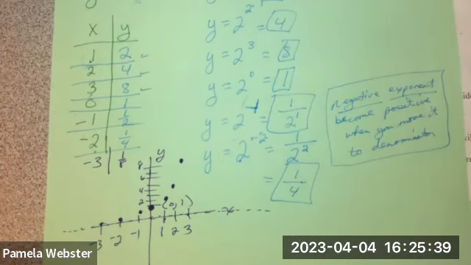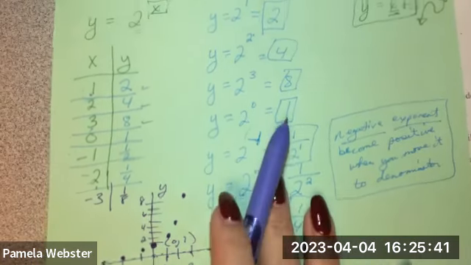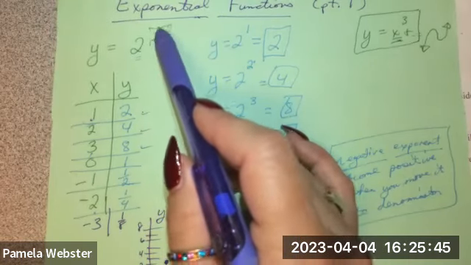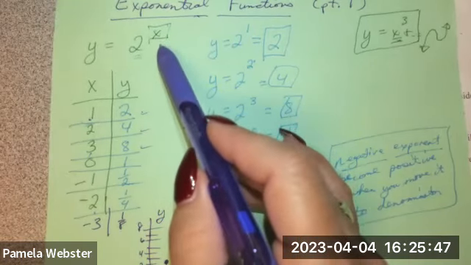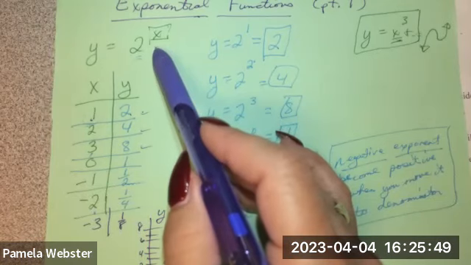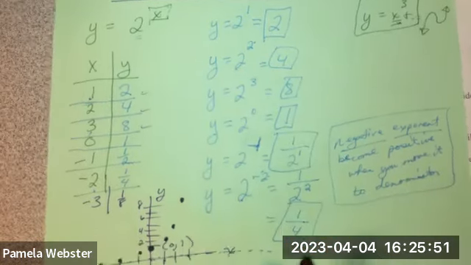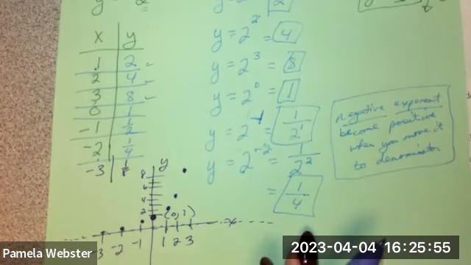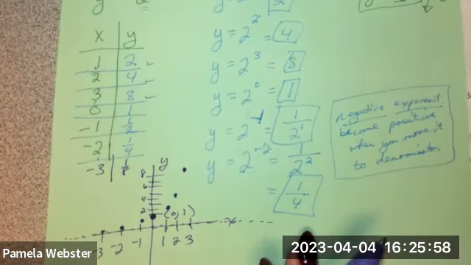My question is, is there anything that I can raise 2 to, some power, that will give me a 0? And the answer is actually no, because the only special case there is what if that exponent is a 0?